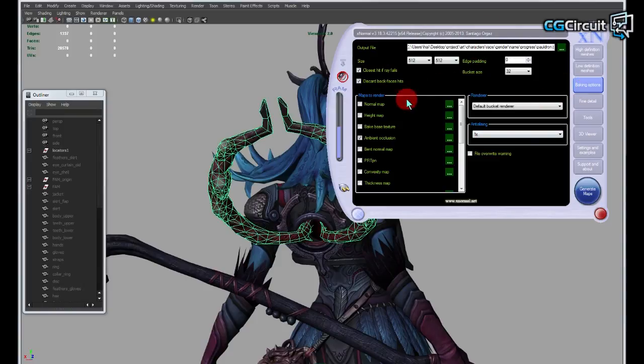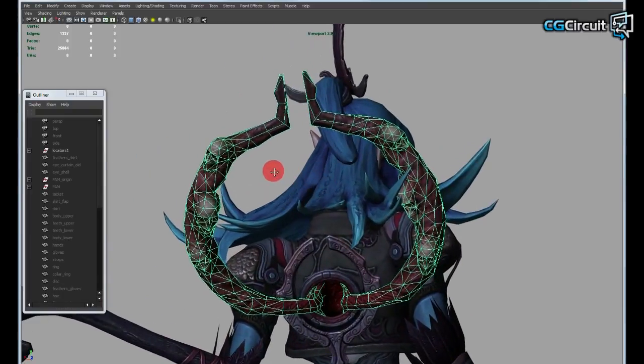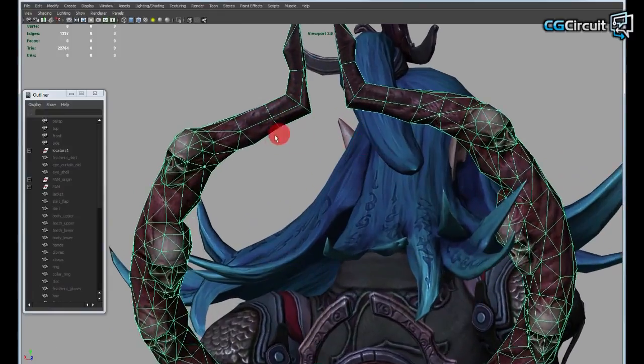Under baking options, pretty standard stuff. Again, I use 0 edge padding because I add that myself later, but you can do whatever you want. These two here are checked by default. Sometimes I will uncheck this closest hit if ray fails. This has a lot to do with if your high resolution mesh is quite a bit smaller than your low here.